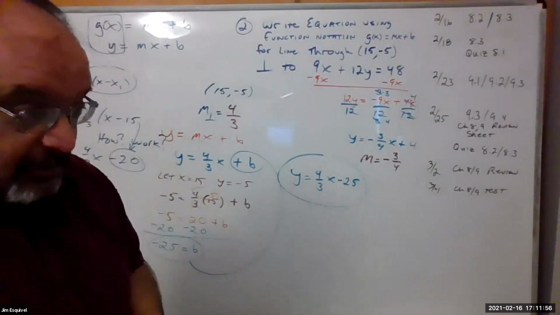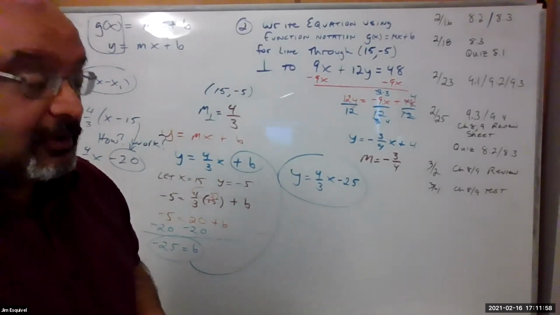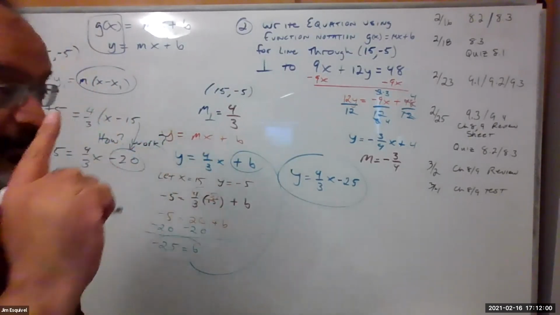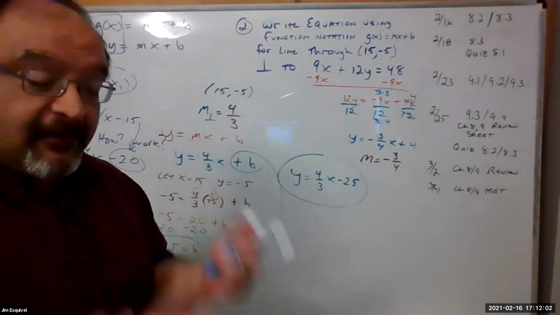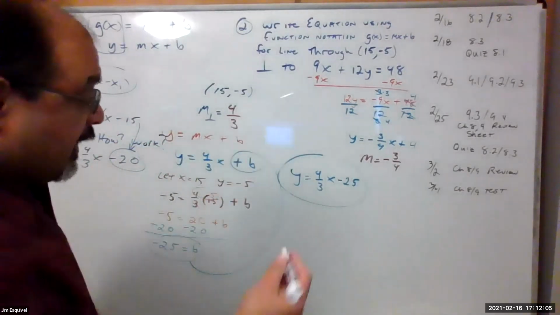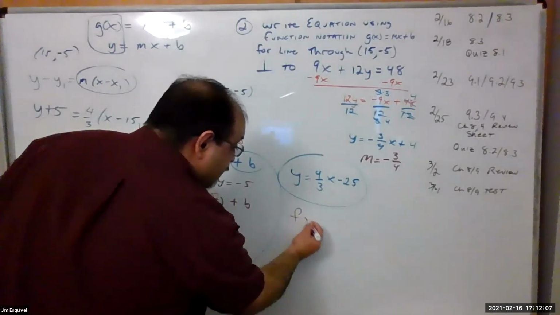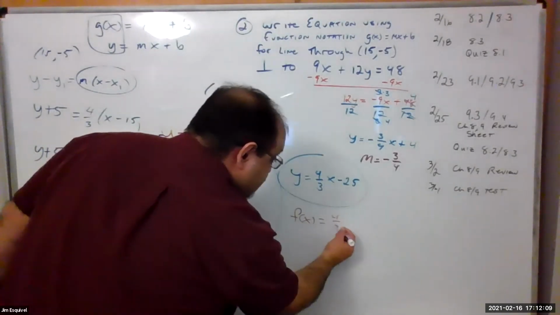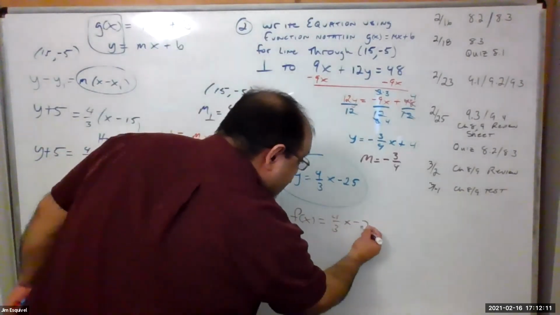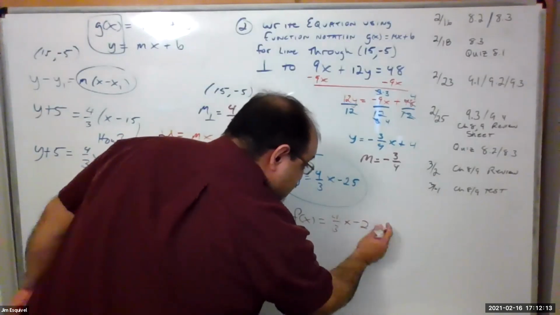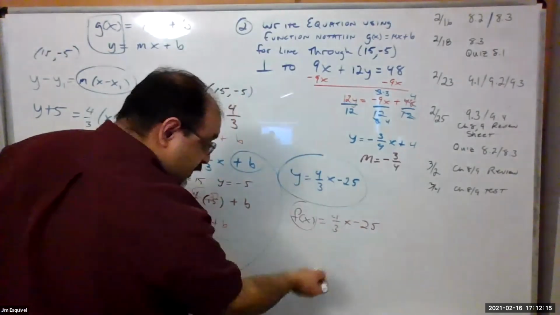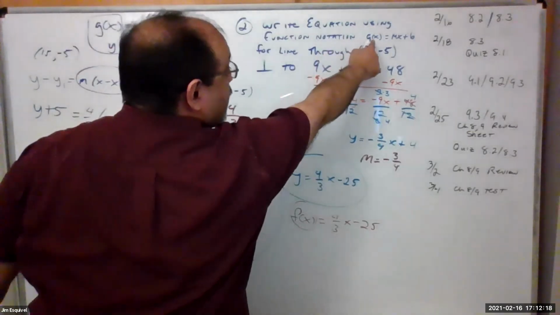When I say I lost 2, what do you mean lost 2? Because there is more than just f of x as a function notation. If you say the answer is f of x equals 4/3 x, the directions did not say f of x. Always read directions. The question says no, not f.